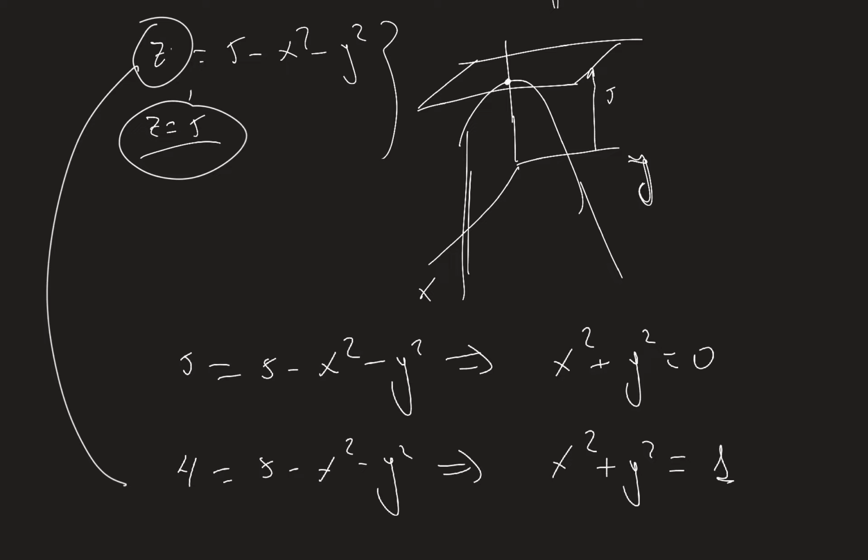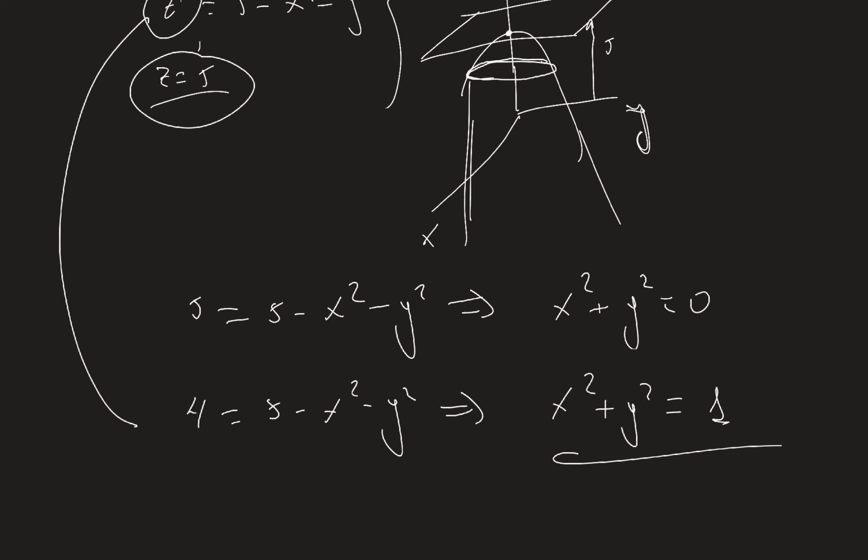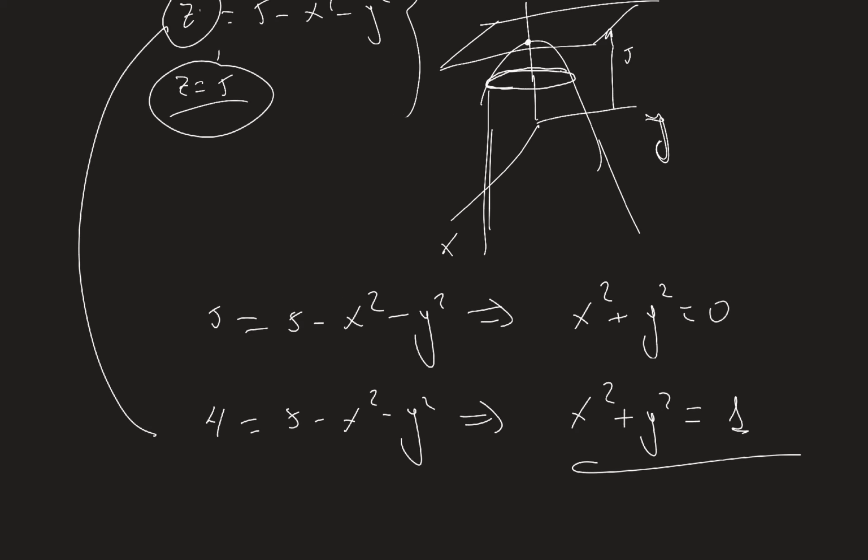So at theta equal 4, what exists here is a circle, a circle of radius 1. At theta equal 2, what exists is a circle of radius square root of 3.